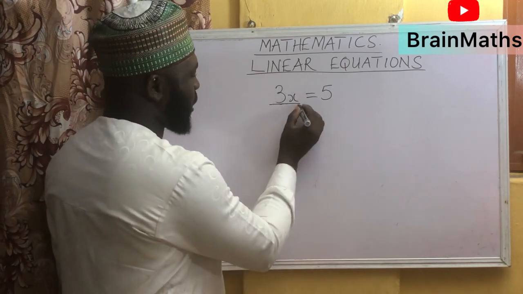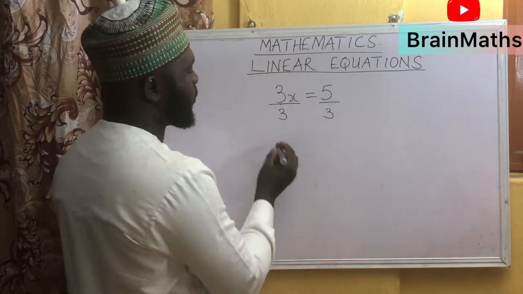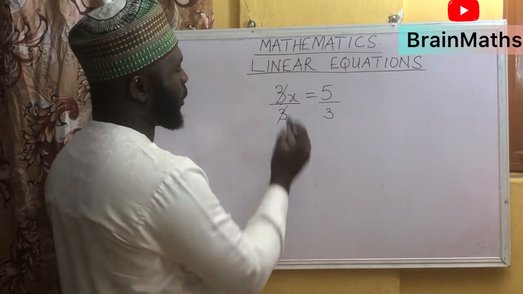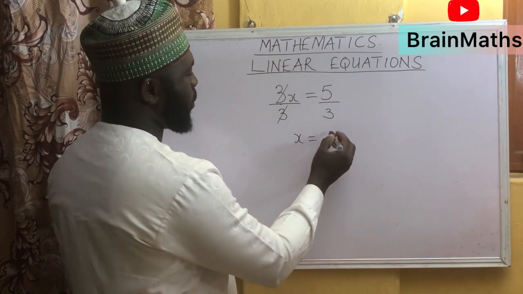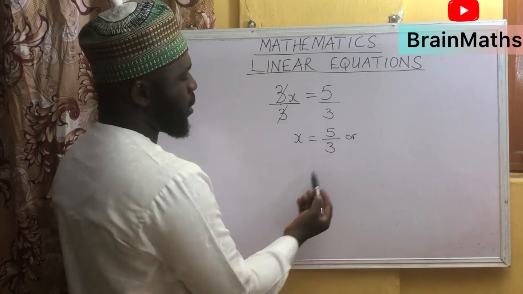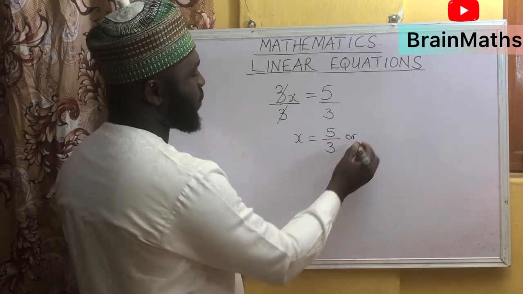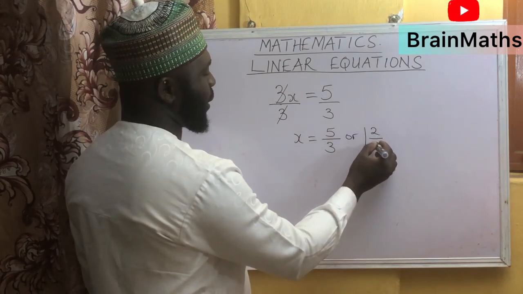So we say divided by 3, divided by 3. If you cancel the 3 that is common here, we have x equals 5 over 3, or how many 3 can we get in 5? 1, remainder 2 over 3.